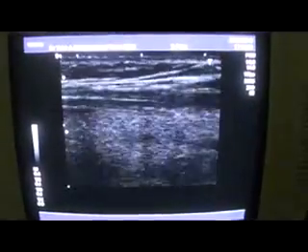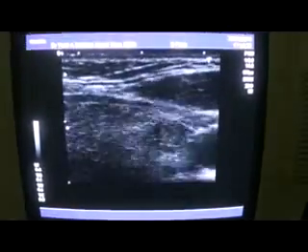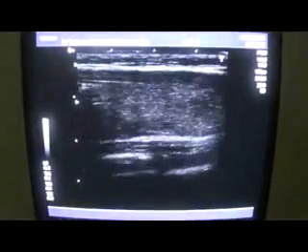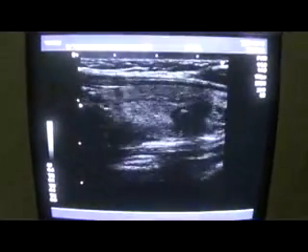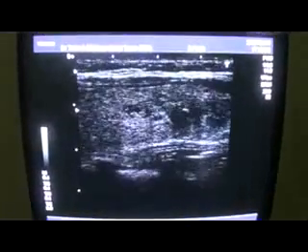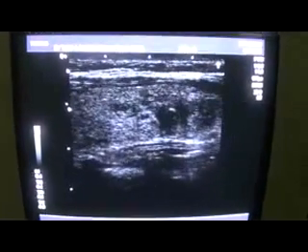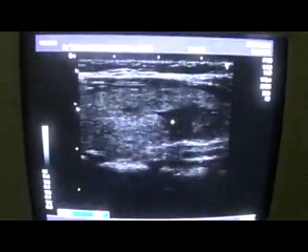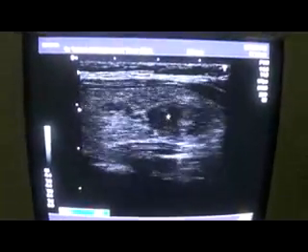Okay, now if you see it extends medially as well. Now this is the part at the medial margin of the thyroid lobe, but you see that this is extending inferiorly. Now as I move the probe inferiorly, I get another one.